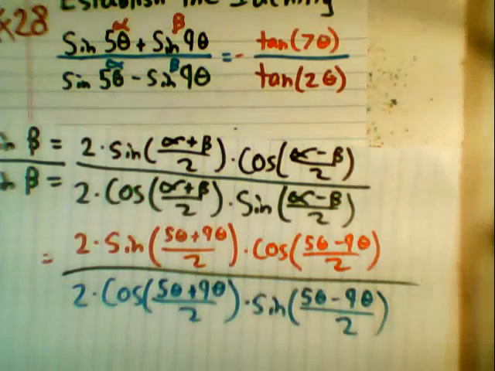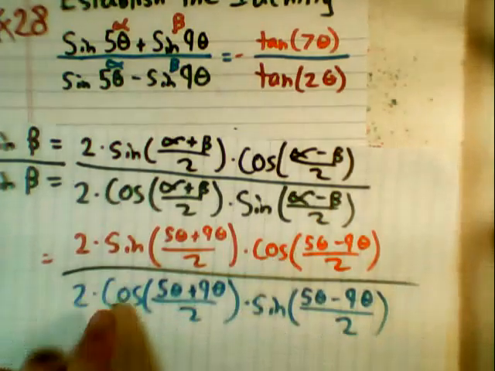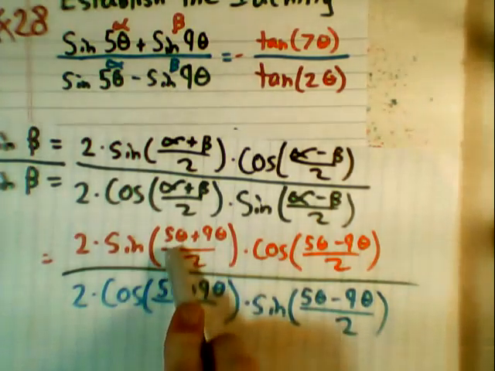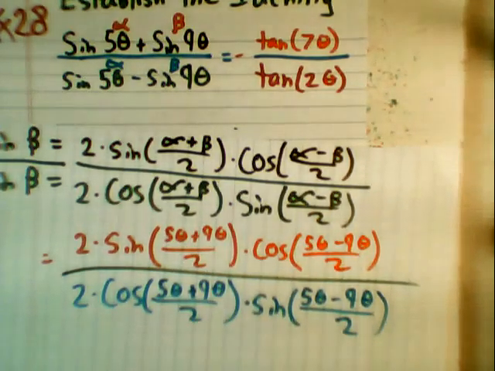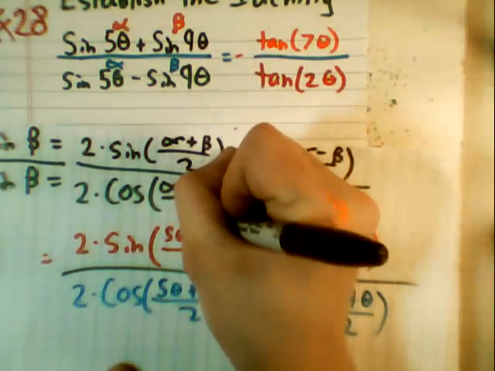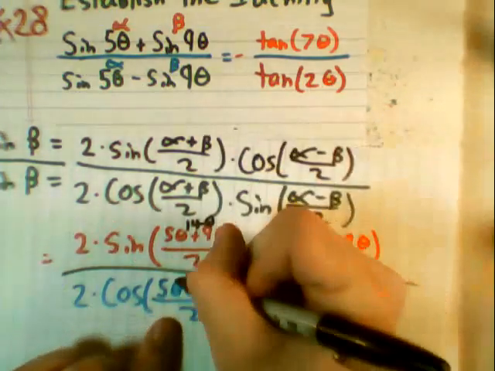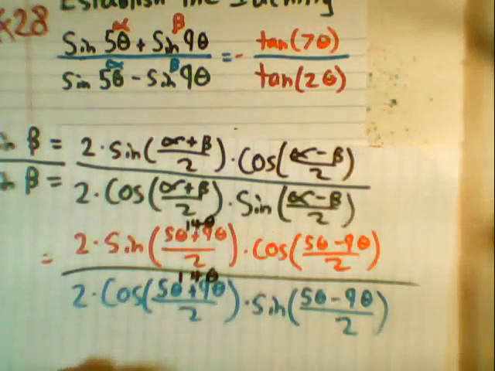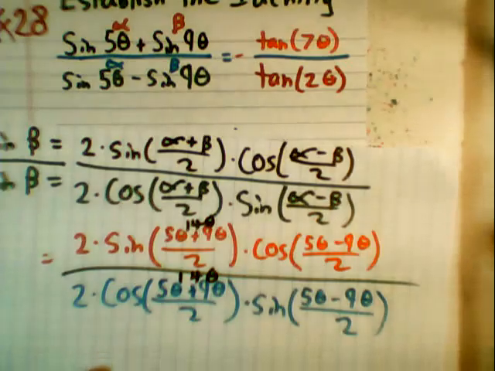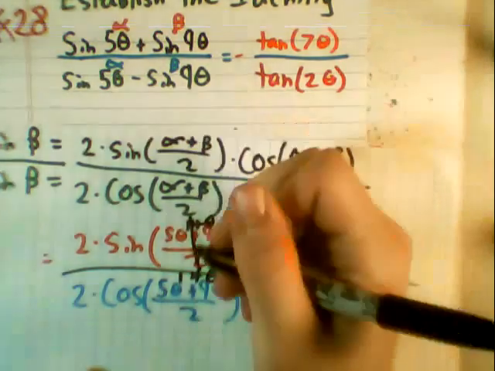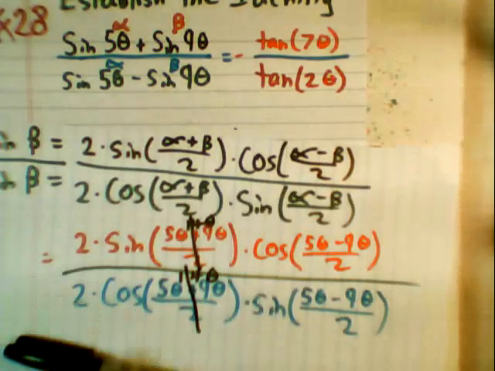Now let's go ahead and simplify the insides. 5 theta plus 9 theta ends up being 14 theta. Again here, this is 14 theta. But then it's 14 theta divided by 2, so we can cancel the 14 into 2, and we're left with 7.